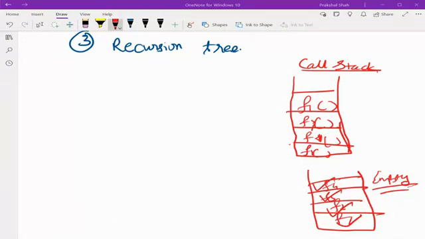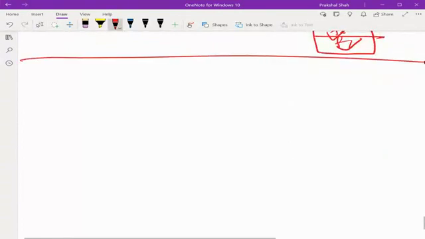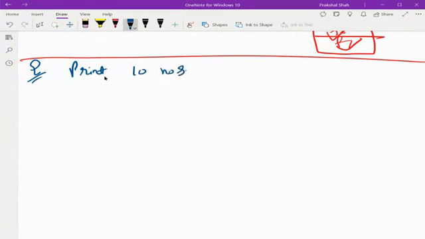But in case of recursion, let's say for an example, just a simple thing, why are we complicating, we are not problem solving, we are just printing 10 numbers.